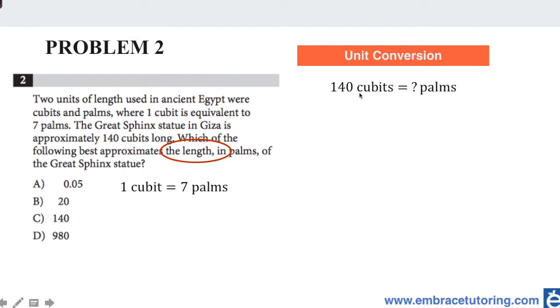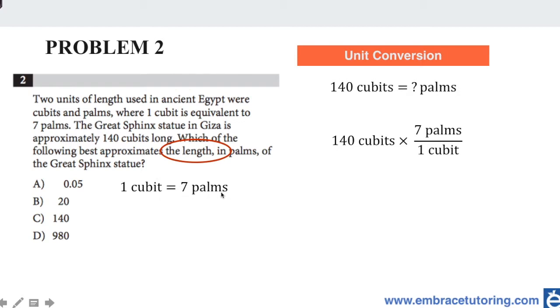So here they tell you that the statue is 140 cubits, and they want to know how many palms that statue is. So then what I want to do is take 140 cubits times 7 palms over 1 cubit, and I get this unit conversion from what is previously given in the problem, where 1 cubit equals 7 palms.